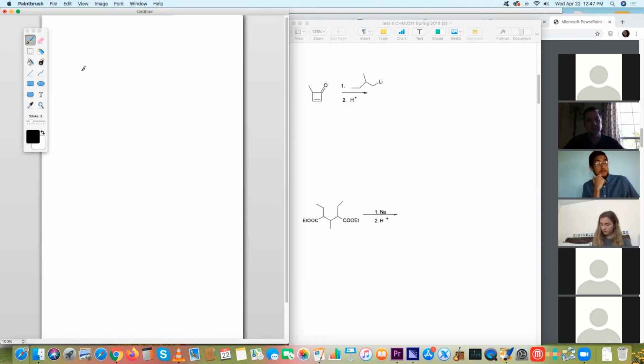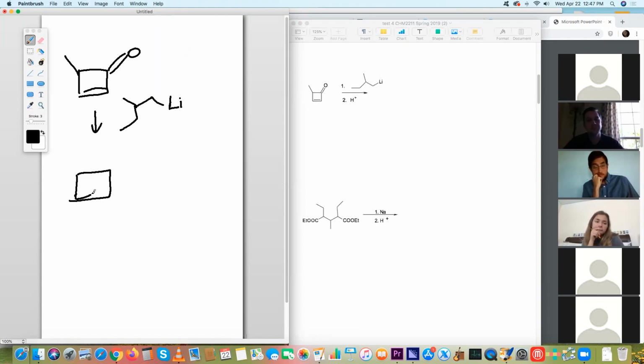So it's going to be an alcohol, and the product will look, well, I'll just draw out the thing here. So the double bond here will remain unaffected.